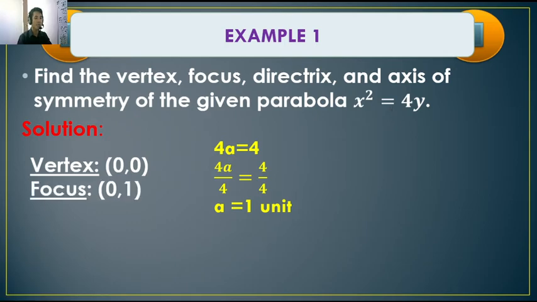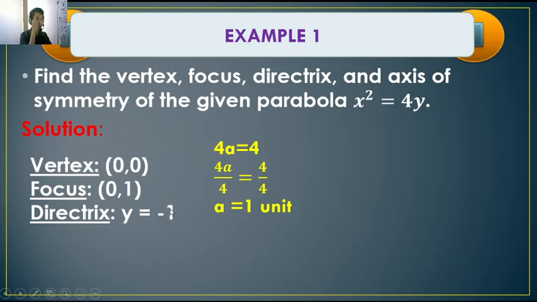And then the focus is (0, 1). Okay, we all know that to find the focus, that is (h, k + a). Since a is 1 and k is 0, therefore our focus is at (0, 1). And then the directrix is y = -1.